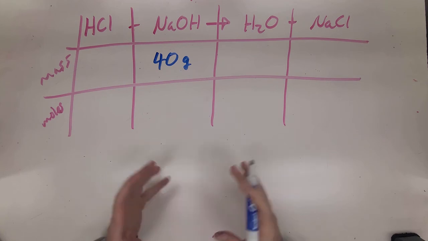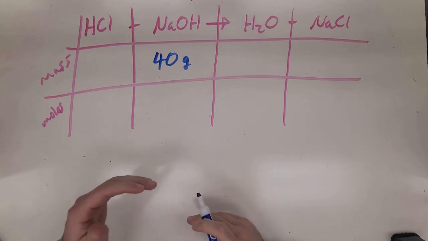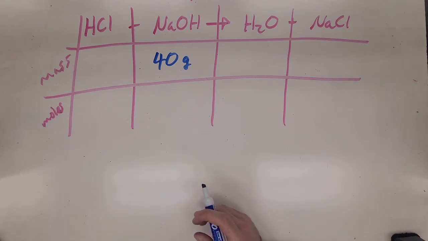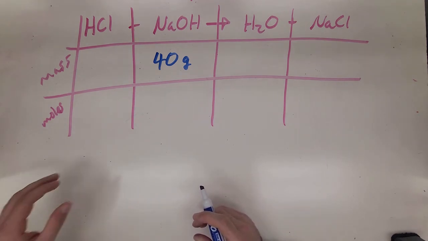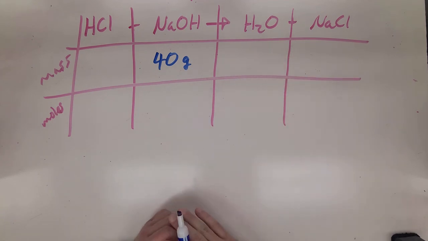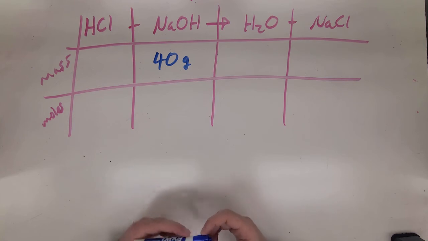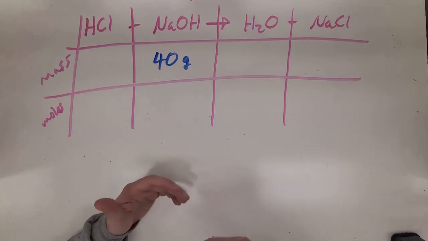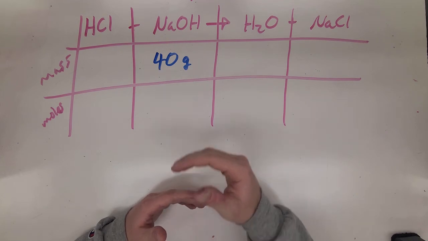Okay, the last example we'll take a look at is the stoichiometry of the neutralization of hydrochloric acid and sodium hydroxide into water and table salt, sodium chloride. This is something that you can do in a titration. That would involve some molarity calculations, and we'll talk about that in a future video at some point. But for now, we take 40 grams of sodium hydroxide.